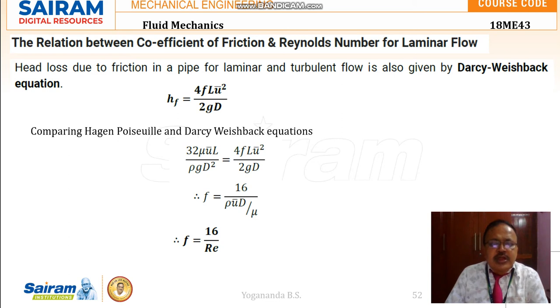So rearranging the terms, we have f equal to 16 by Re, where Re is the Reynolds number, that is rho u bar d divided by mu. So f is equal to 16 by Re.